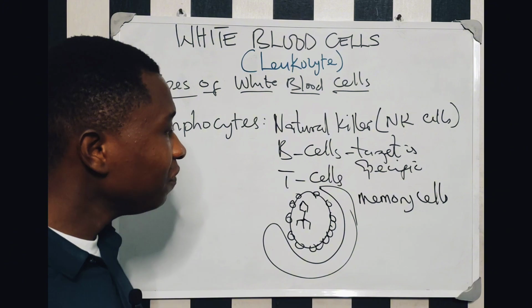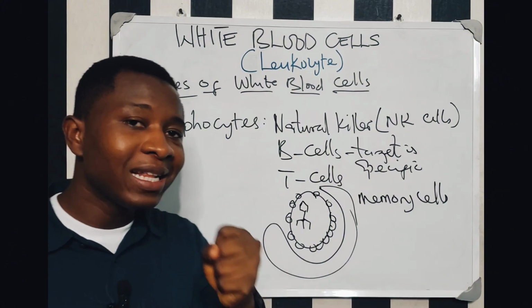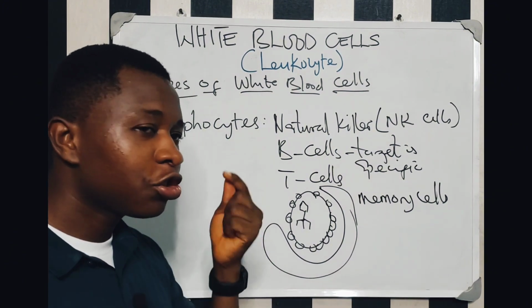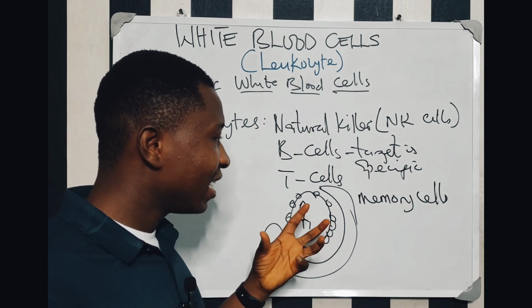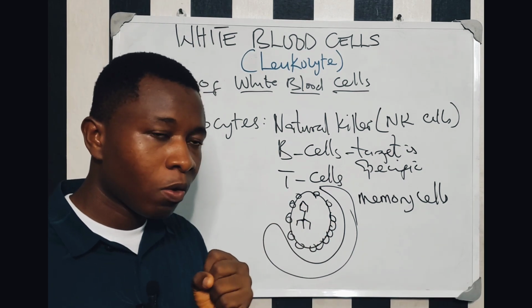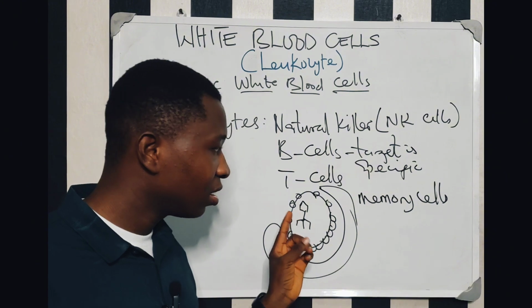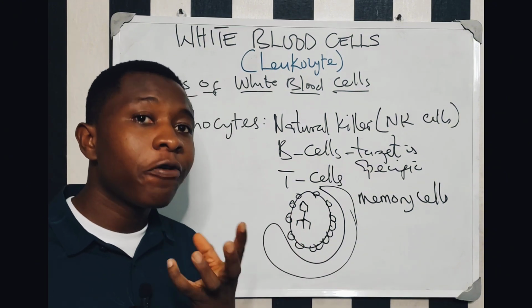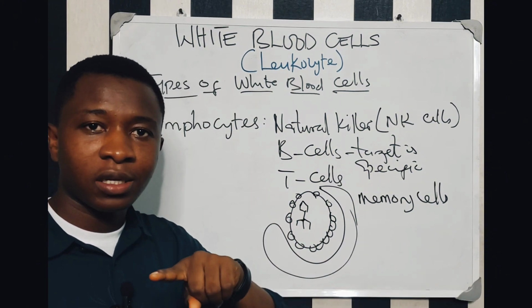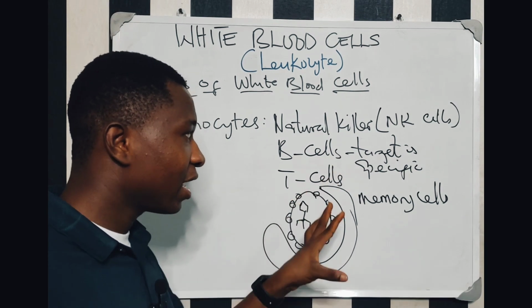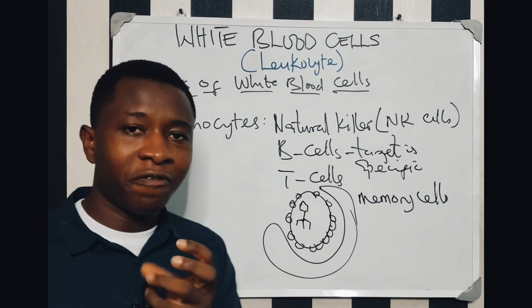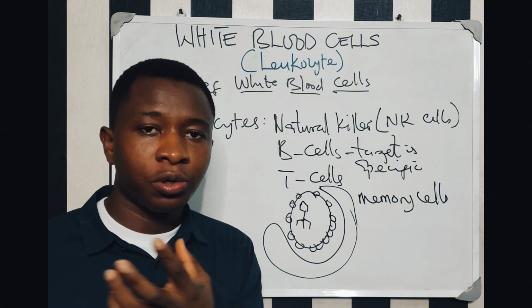That means if they attack a particular antigen, it is stored in their memory that they need to be ready when that particular antigen or that particular foreign body comes into the body again. Okay, so this is the idea on which vaccines are built.